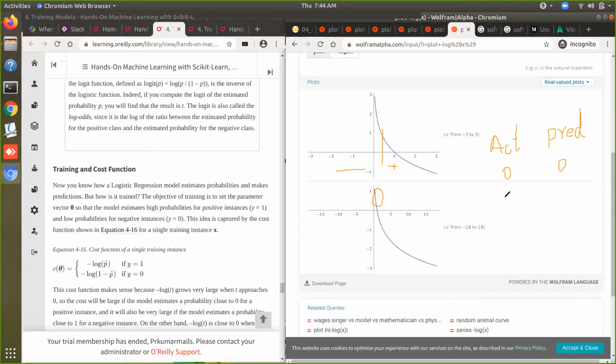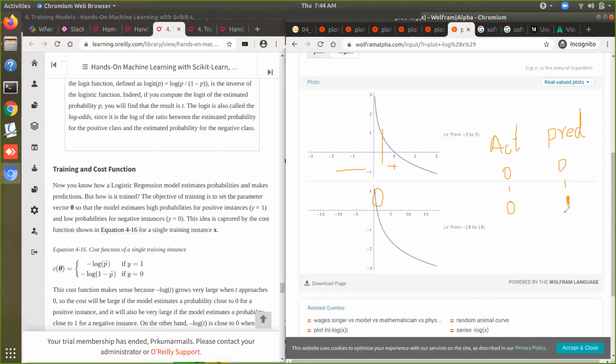Similarly, when the actual class is 1 and the predicted class is 1, I don't need to penalize the model. Suppose my actual class is 0 and it is predicted as 1.